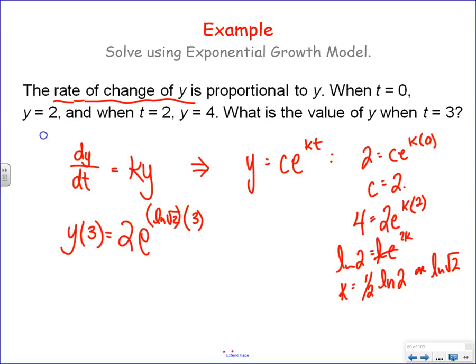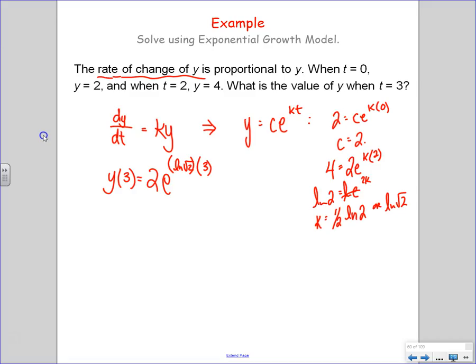Can I cancel out the e and the ln? Let me rewrite it and let me have you try to answer your own question. Can we cancel them out? Now you can. No. But if you were to cube it, you could separate them. If I use the power property of logarithms, now I can cancel out.